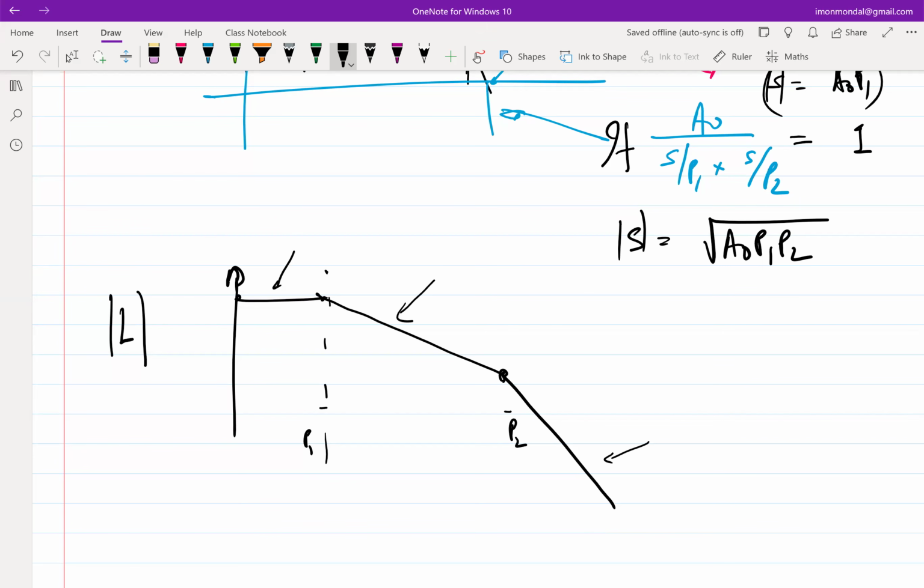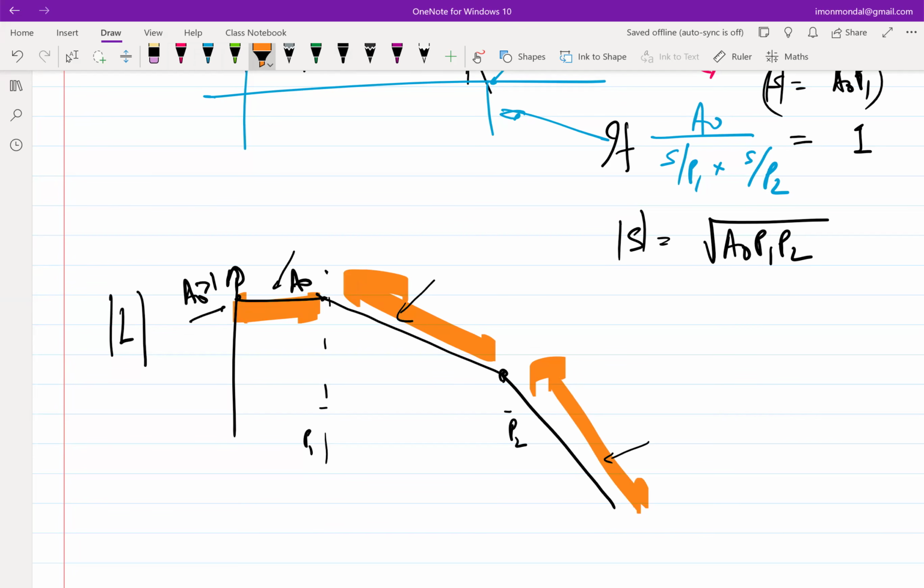Okay, so assuming that A naught is much greater than 1, so this is A naught. Naturally, you don't have the gain crossover frequency in this segment, so two other segments remain. Is the gain crossover frequency in this segment or in this segment?